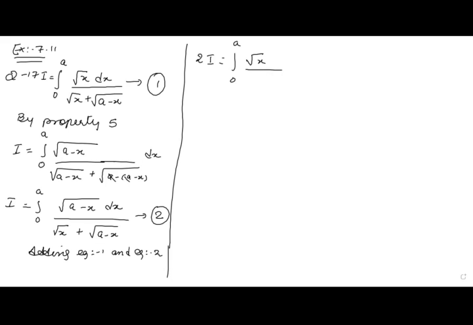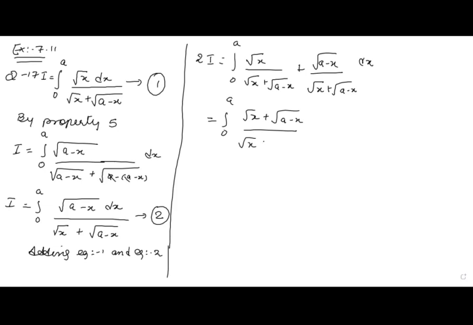Root x upon root x plus root a minus x plus root a minus x upon root x plus root a minus x dx. So taking LCM, I will have root x plus root a minus x upon root x plus root a minus x. Cancelling will give me just dx.